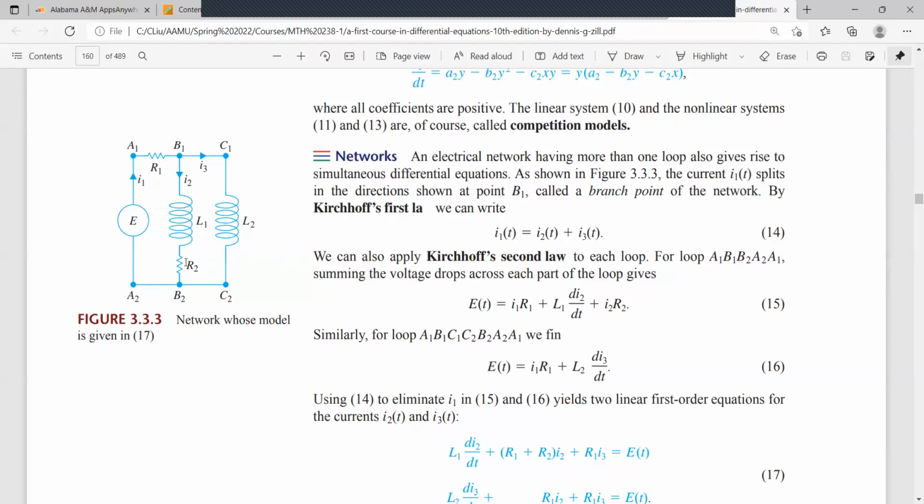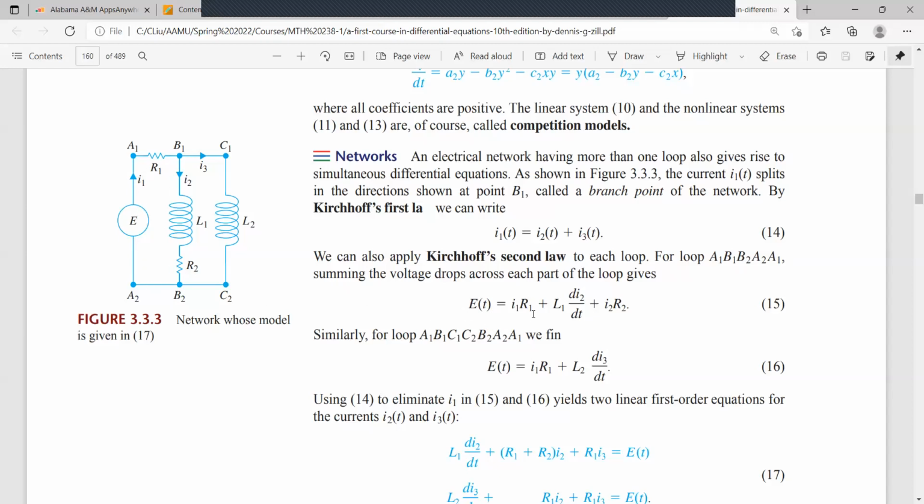Consider the loops A1, B1, B2, A2, and A1, C1, C2, A2. For example, if we just consider loop A1, B1, B2, A2, then E, the power, will be equal to the drop of voltage in this loop.